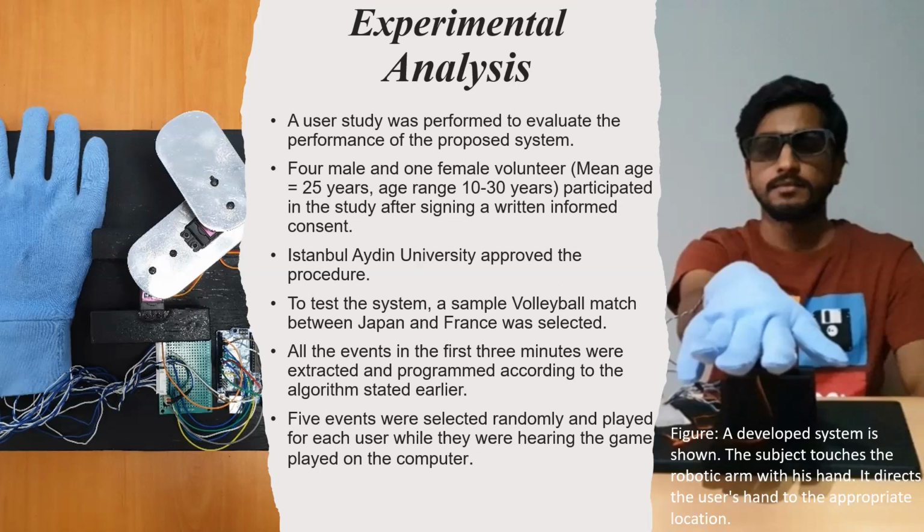Each user heard the game being played as random occurrences were performed for them. In the given figure, you can see the finished system. The person touches the robotic arm with his hand, and it directs the hand of the user to the appropriate location.